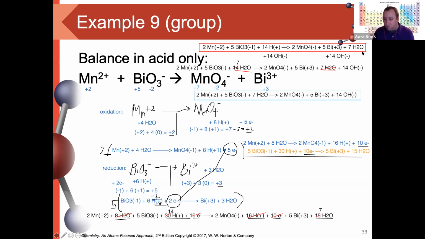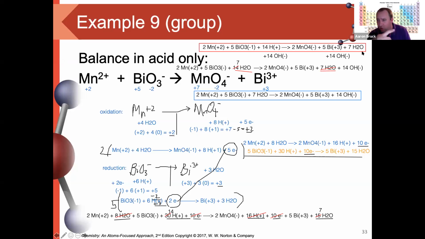Where it gets a little bit complicated and tricky, there are some occasions because of hydrogen content in some of the reacting species where water and acid end up on the same side of the equation, and then that's the case where you can't do that.